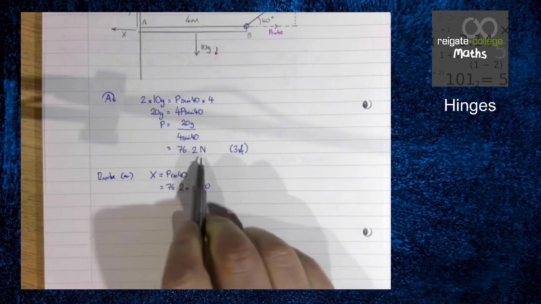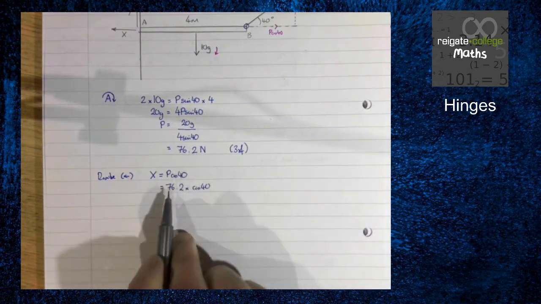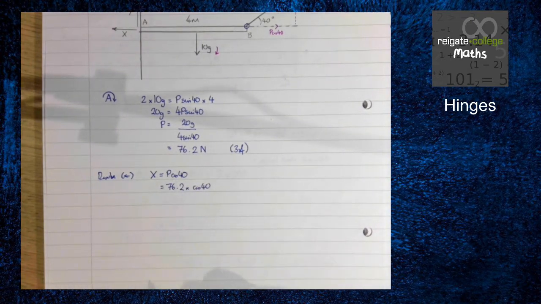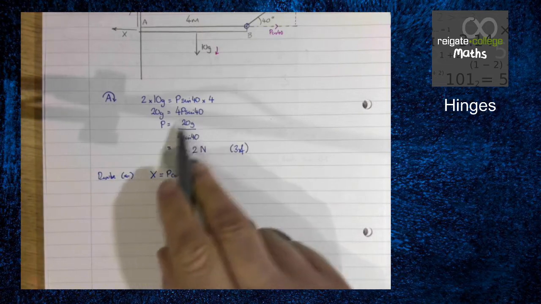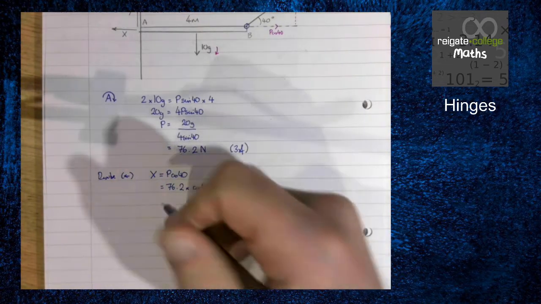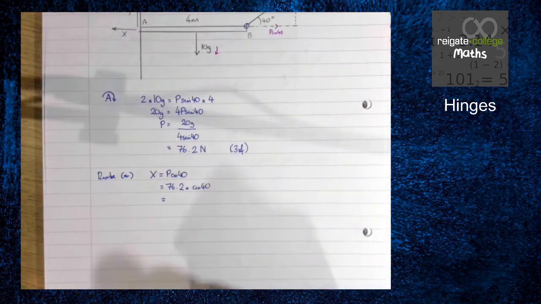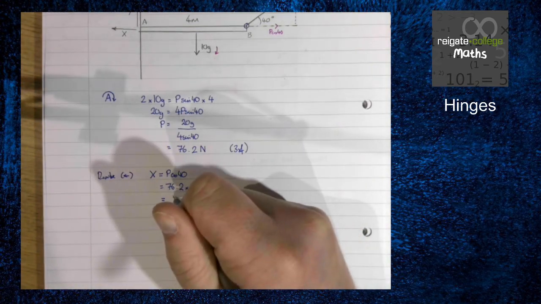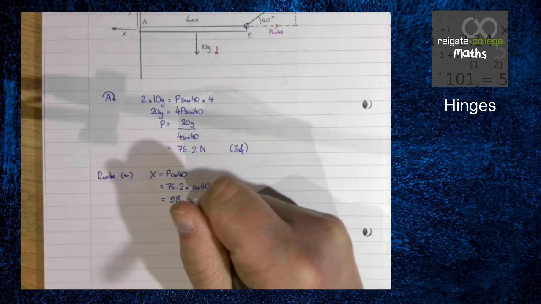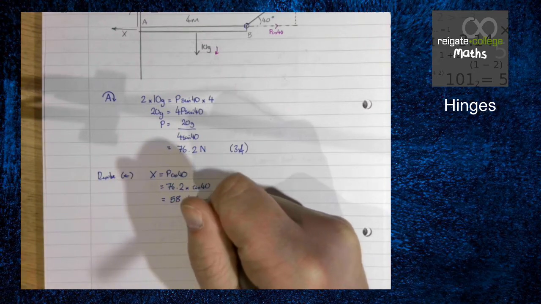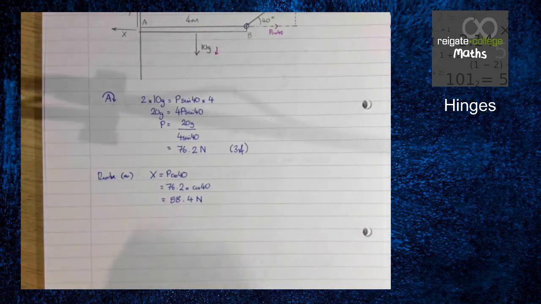Now, because 76.2 isn't exact, I'm going to use the whole number that comes up on my calculator. Actually, I'm going to use this to tidy it up, which I'm aware is 5g tan 40, or cot 40 if you want to be particularly fancy about it, but let's not. That's entirely unnecessary. Okay, we got there.